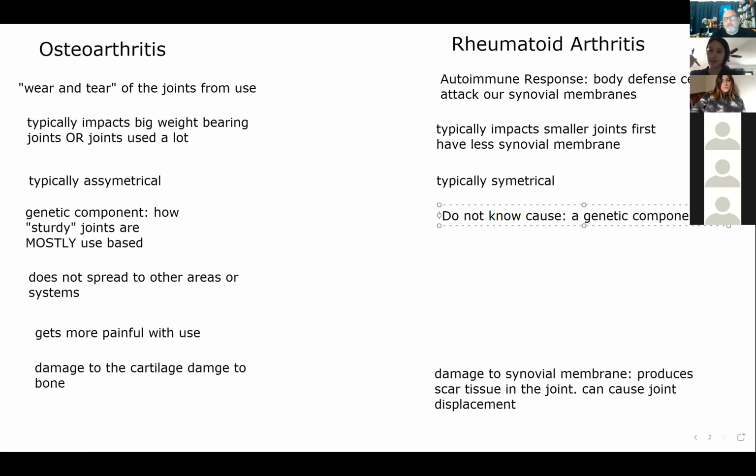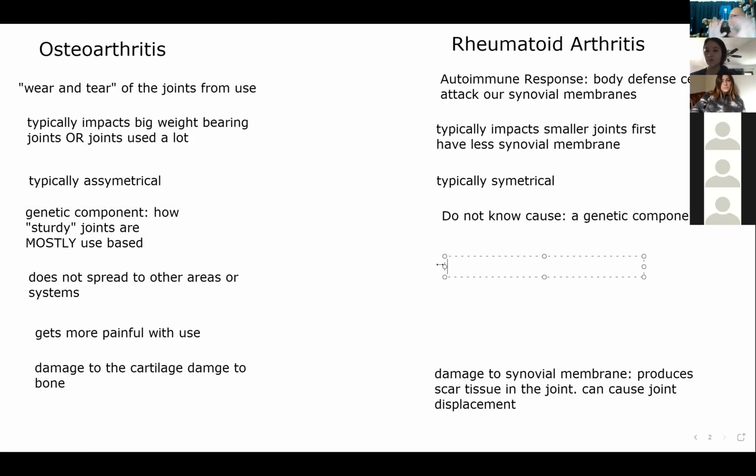So because it attacks different synovial membrane places, does that mean it spreads? Not spreads, but it is affected in more areas. Exactly. If I have rheumatoid arthritis here in my joint between my phalanges, if I get that joint replaced, do all my problems go away?